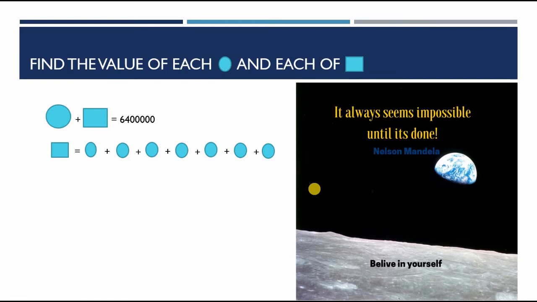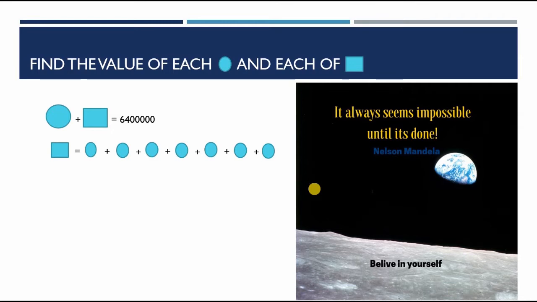Find the value of each circle and each rectangle. Okay, 2 minutes to solve this problem. Circle plus rectangle makes 6,400,000.